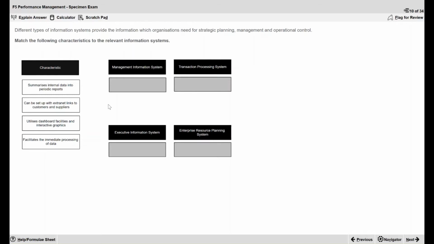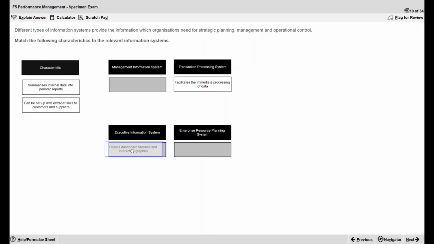Okay, one characteristic is summarizes internal data into reports, another can be set up with external links to customers and suppliers, and another utilizes dashboards and facilitates interactive graphs. Facilitates the immediate processing of data. You can see the word processing is used here, so I would write transaction processing system. Dashboard, interactive graphs, that would be more exact for another one, I will put it here, but then let's see.